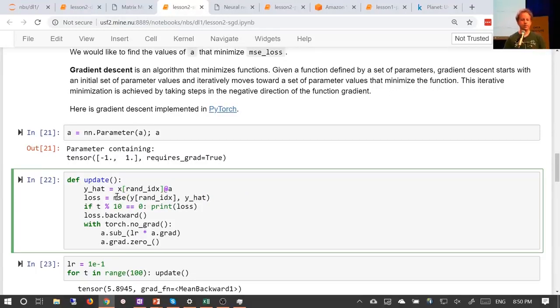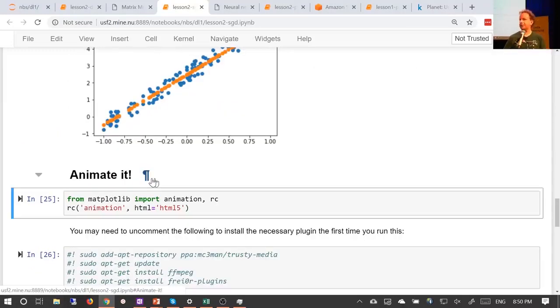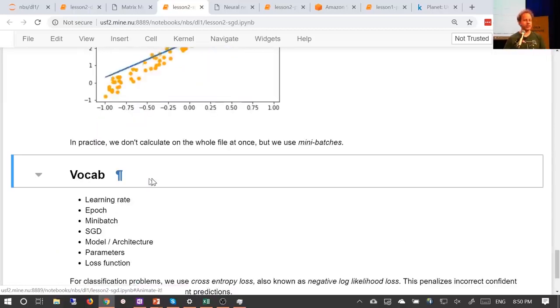So some random indexes on our x and some random indexes on our y to do a mini batch at a time. That would be the basic difference. And so once you add those, grab a random few points each time. Those random few points are called your mini batch, and that approach is called SGD, or stochastic gradient descent.